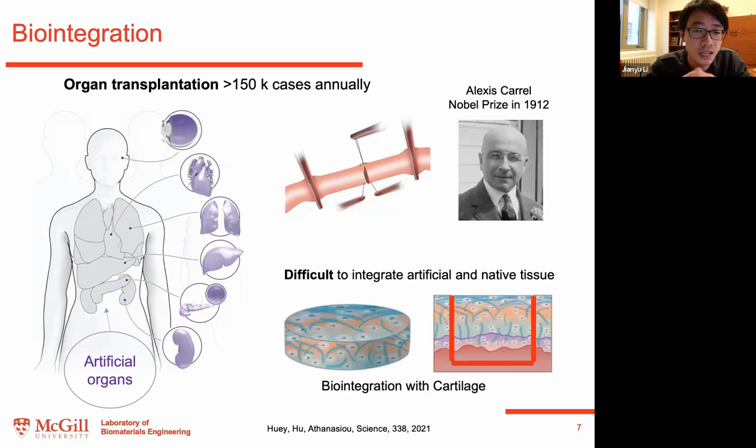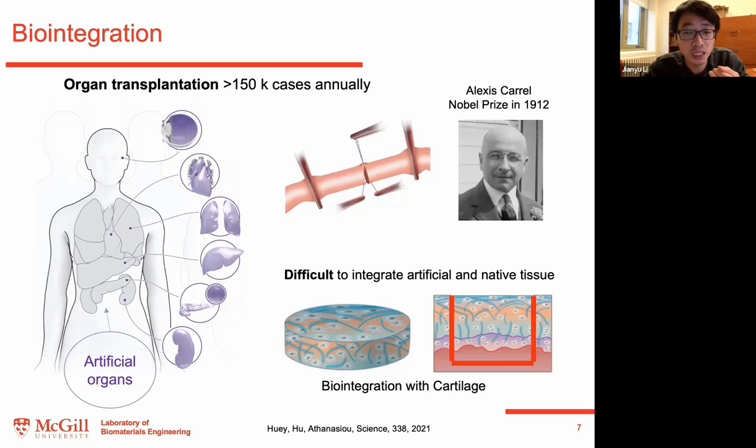So clearly success has been achieved, but the challenges remain, right? If you want to really integrate those artificial organs, which can be from a human or can be artificial ones from the tissue engineering approach, with the native tissue, in many scenarios it's not as simple as suturing the blood vessels together, right? So this challenge is highlighted in this Science review article, which says that unlike bone, cartilage regeneration remains a big challenge.